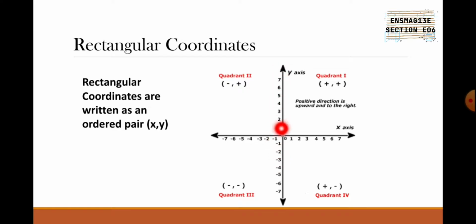The location of your point based on the abscissa and the ordinate will also depend on the signs. Again, if positive x, it is on the right. If negative x, it is on the left. If positive y, it is upward. If negative y, it is downward.